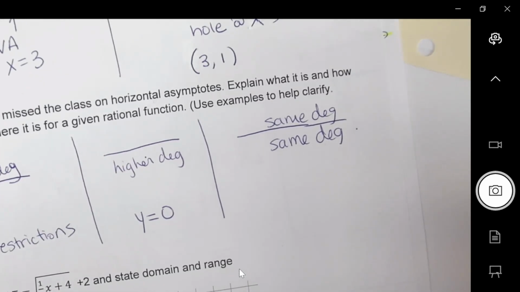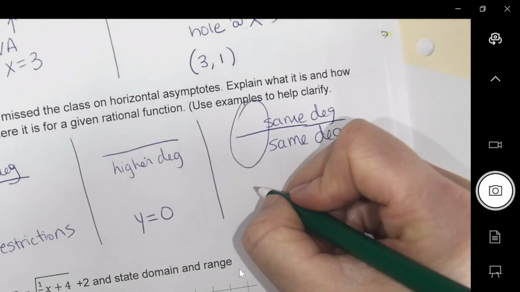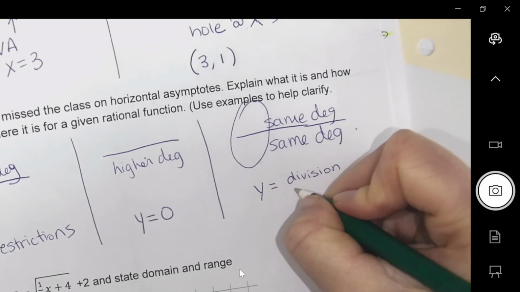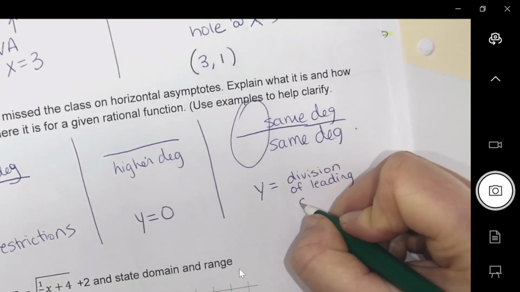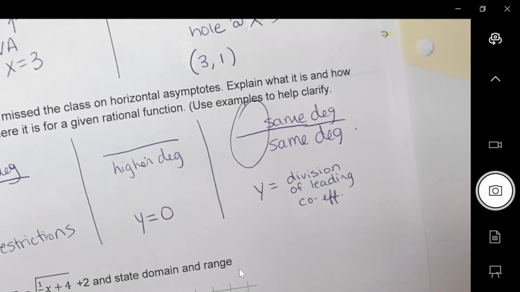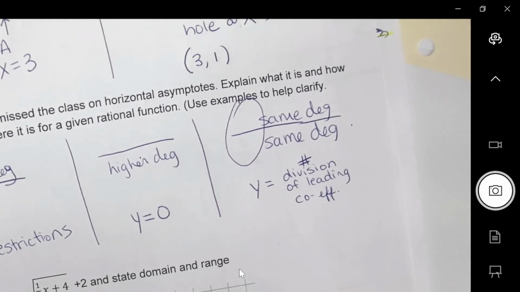And the other rule is if you have the same degree, what do you do? Y equals some kind of number, and that is whatever you get when you divide the leading coefficients.